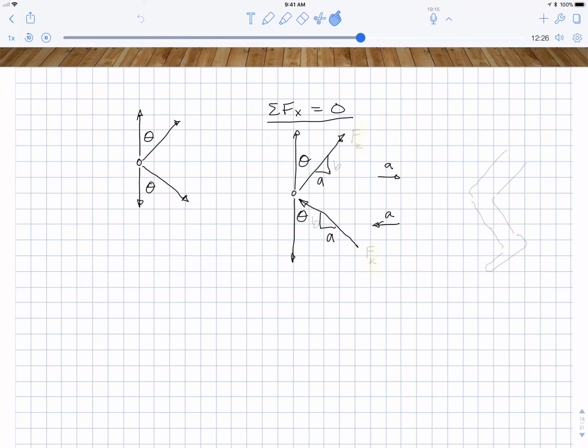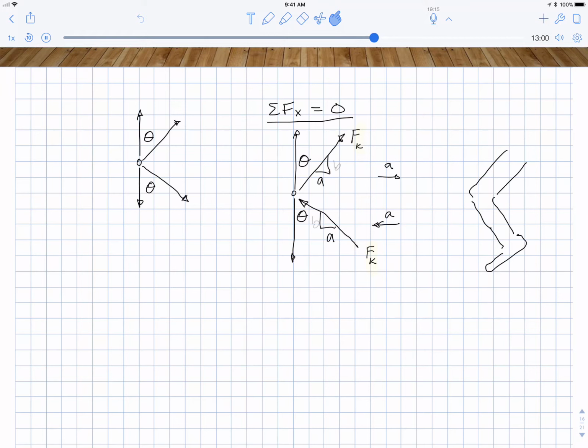So if the angles are equal, these 2 forces here, let's call them F knee, K for knee, because, you know, that thing looks like a knee. Anyway, those have to be equal for the x forces to cancel out if the thetas are the same. If the thetas were different, there'd be a ratio of cosines in there, or sines, or something like that.